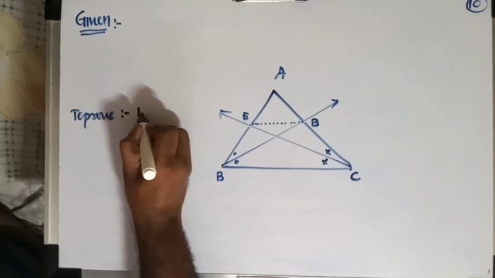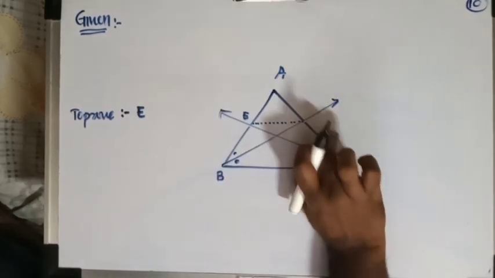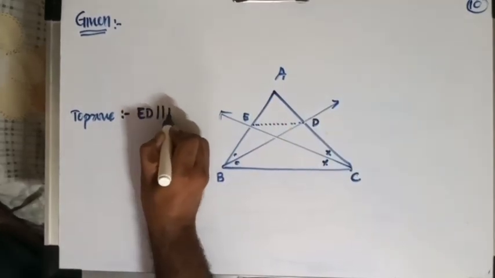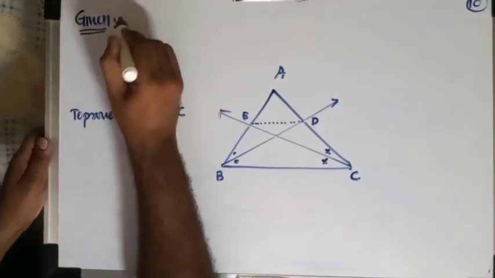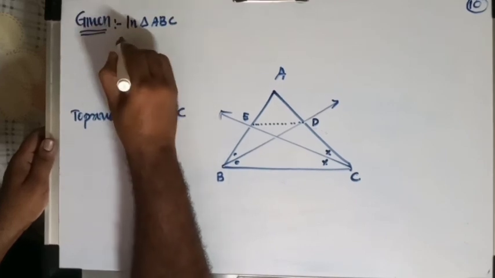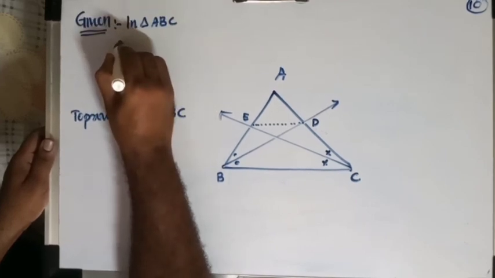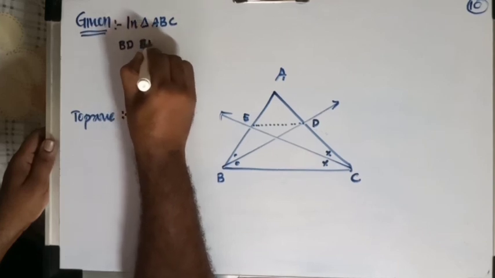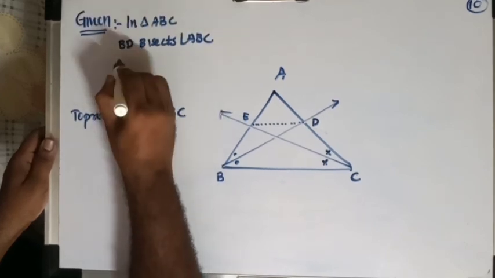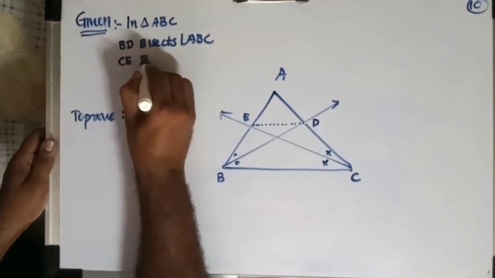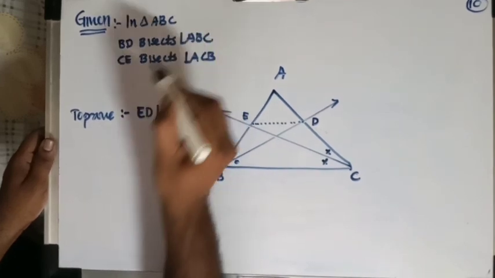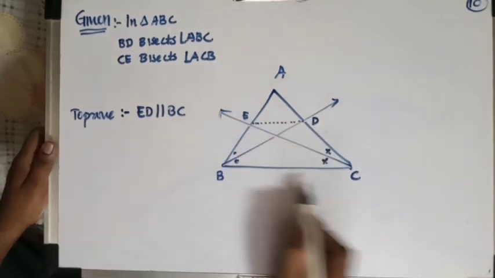To prove is ED parallel to BC. So given, I'll write in triangle ABC. So according to what is given in the question, BD bisects angle ABC. Then CE bisects angle ACB, and to prove is ED parallel to BC.